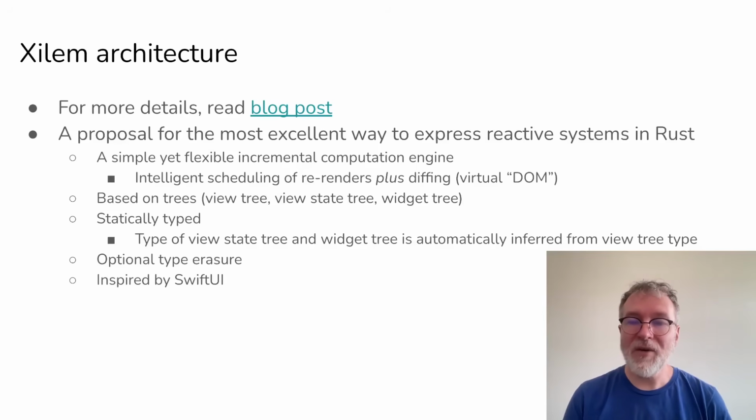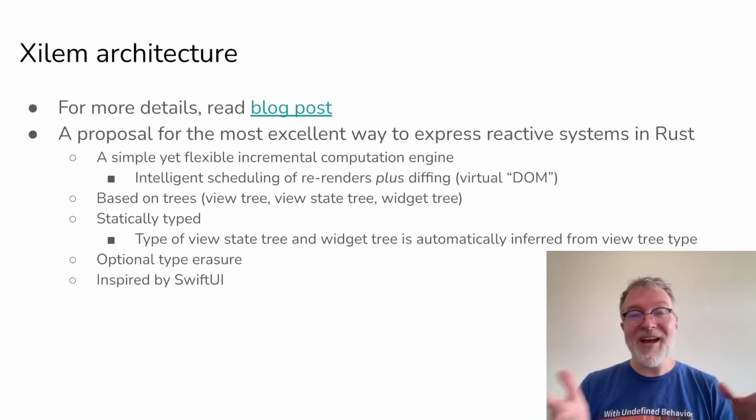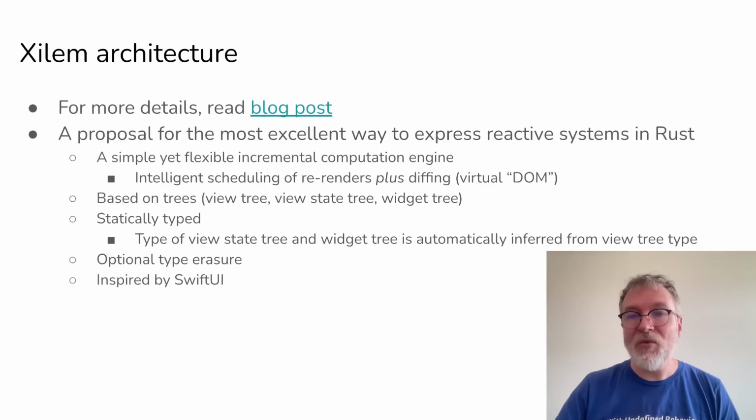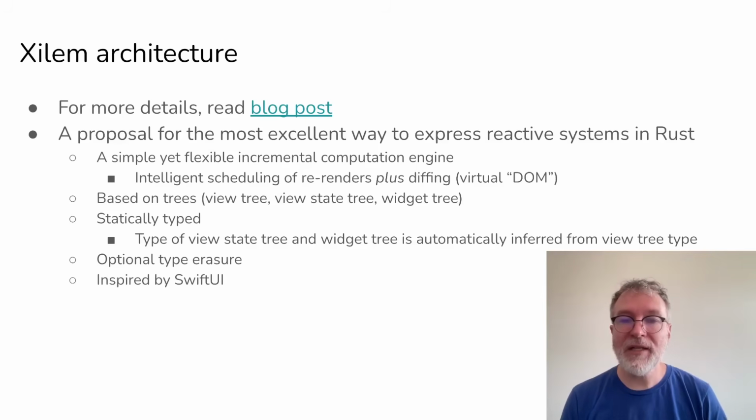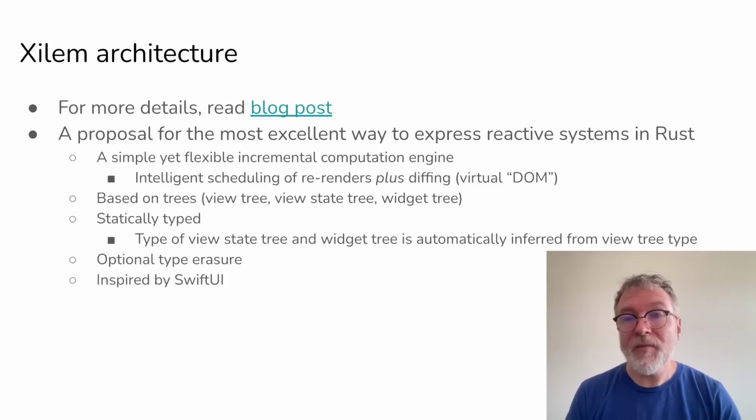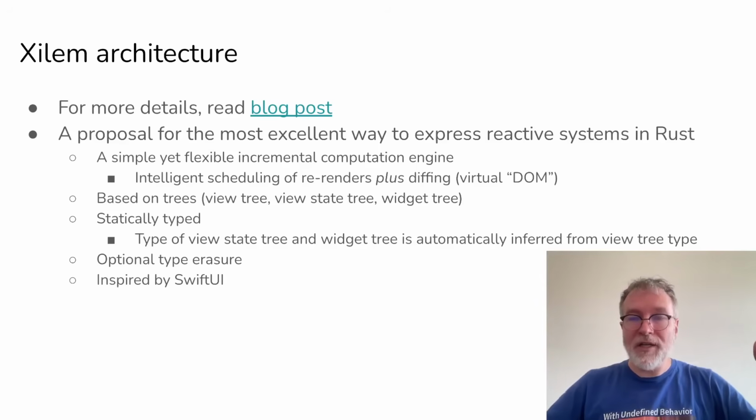It is tree-based rather than graph-based. That's not to say you can't have wild edges. There is a way to express, let's say, an edge from the layout in the widget tree back up to the view tree, which in SwiftUI is called GeometryReader. You can express that, so you're not strictly in a tree.